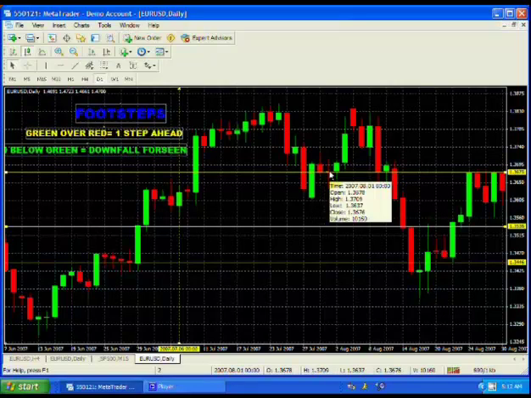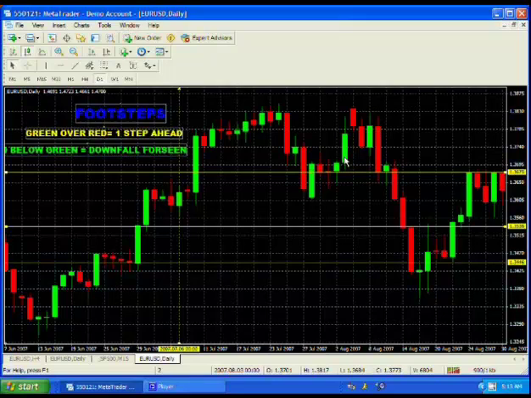And where should we expect a pullback up to? Where's the next closest resistance bar after this bar? Isn't it this bar, the next closest green bar? And we look here, and boom, where did we go before we went back down?